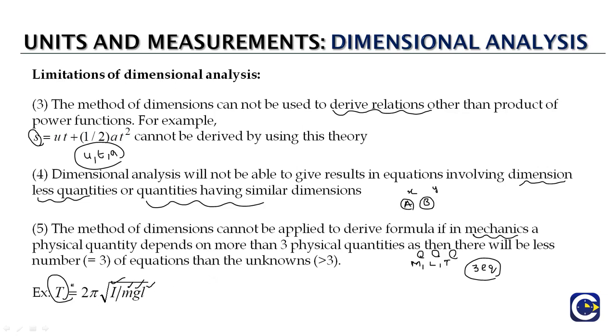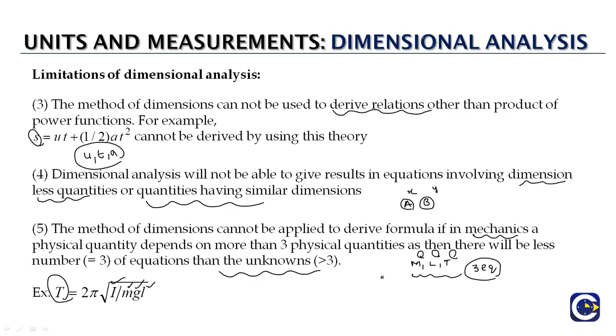So the time period depends upon 4 parameters. Since it is all confined to just mass, length and time, when we equate the powers we will only get 3 equations, and from 3 equations there is no way to solve for more than 3 variables.